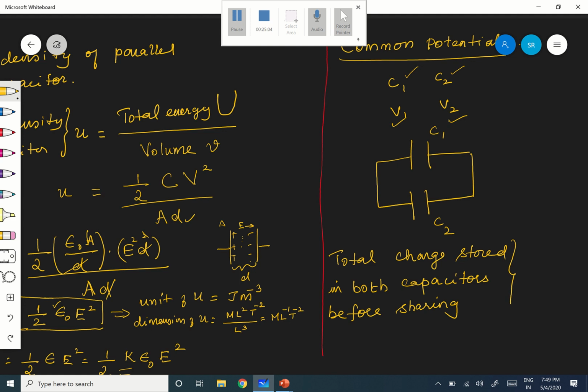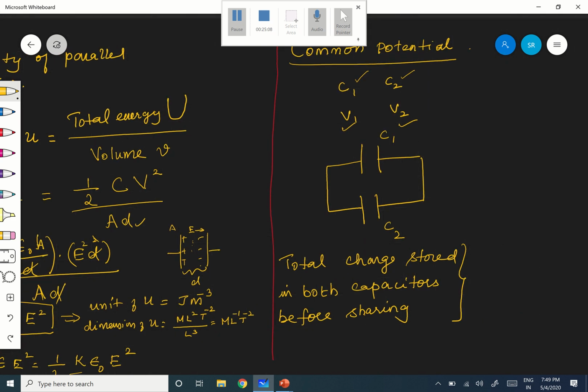So before sharing, they are individually C1 and C2. There is no connection between them. The total charge stored in both the capacitors before sharing is given by, for the first capacitor, CV, so C1V1. Next one, C2V2.